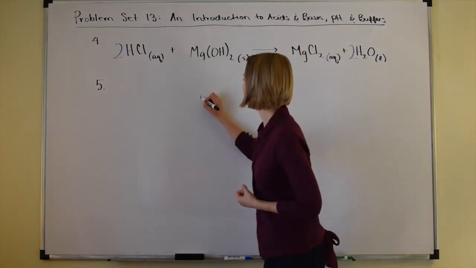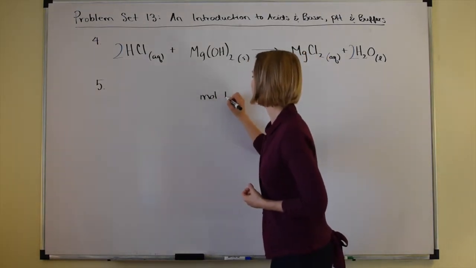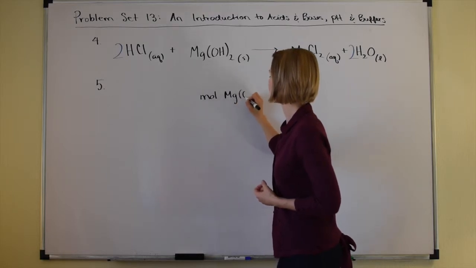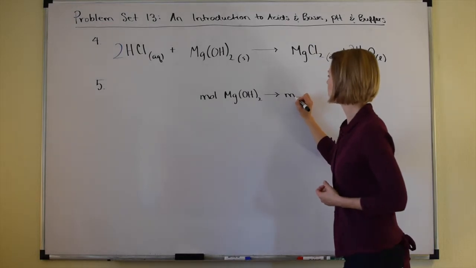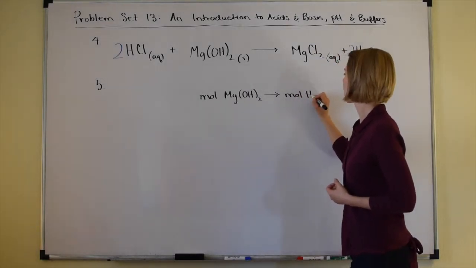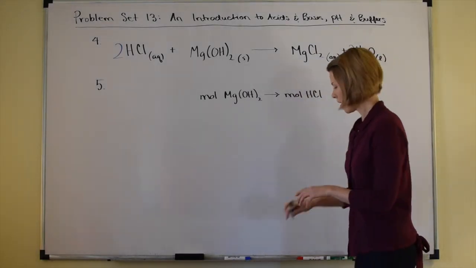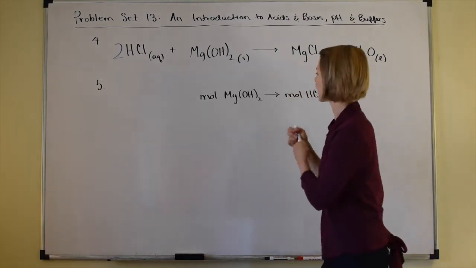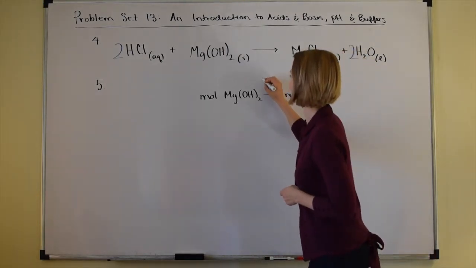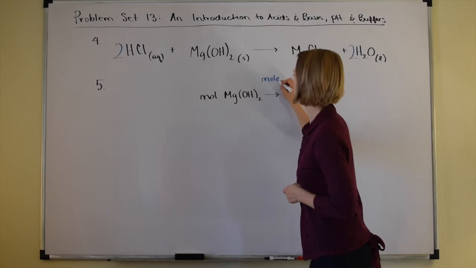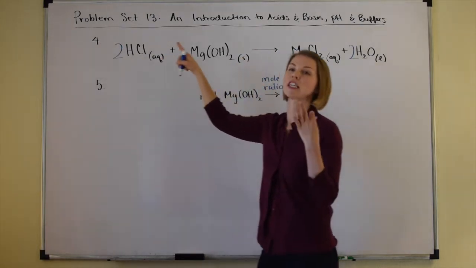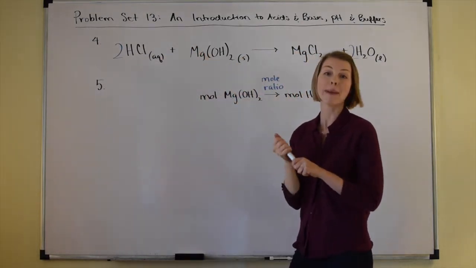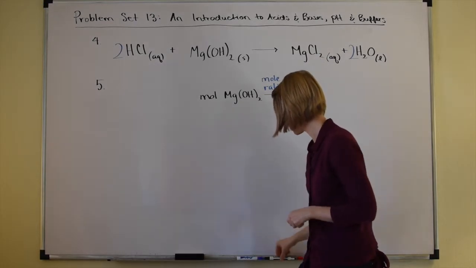So we're going to need to convert between moles of magnesium hydroxide and moles of HCl. And in order to do that, we need to use the mole ratio. So I'm going to go ahead and label this mole ratio, which we can already see from our balanced chemical equation. It's going to be 2 moles of HCl to every 1 mole of magnesium hydroxide.